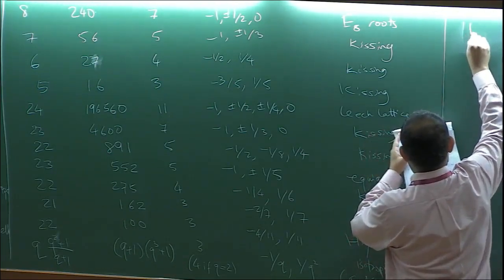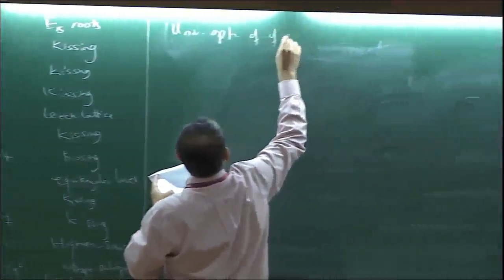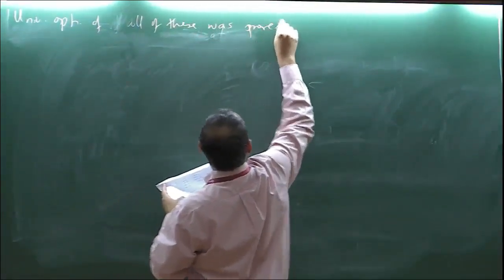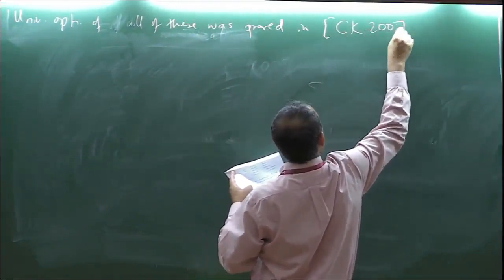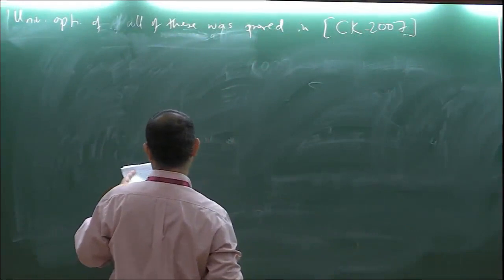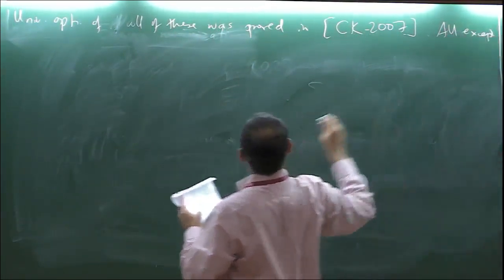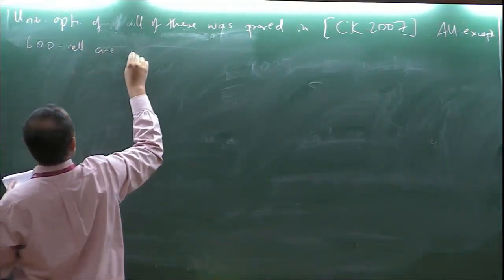So universal optimality of all of these was proved in that universally optimal paper. All except the 600 cell are sharp configurations.